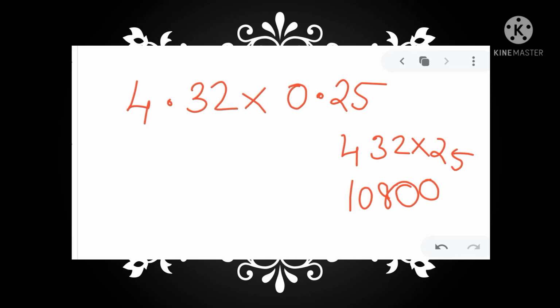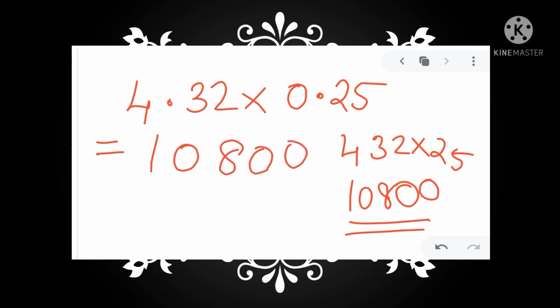So the answer is 10,800. But we want to write the product of 4.32 into 0.25, containing 2 decimal places in each number, total 4 decimal places. First we want to write 10800. Then from this side we want to count the digits, 0080, that is the answer, 1.08.